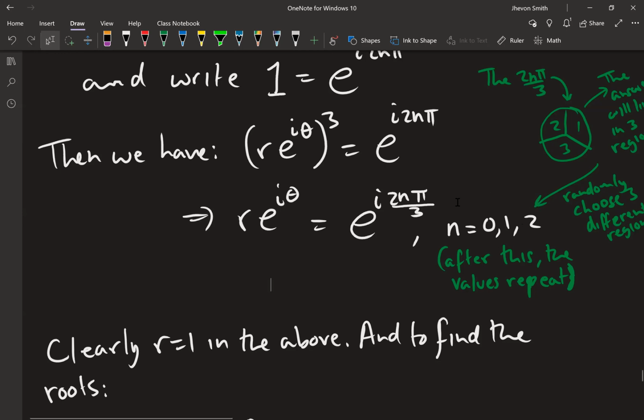And so I just pick 3 consecutive integers to cycle through the 3 answers. And these integers are represented by 0, 1, and 2, but it doesn't necessarily have to be 0, 1, and 2. I could have chosen any 3 consecutive integers. And technically I could have chosen non-consecutive integers too, but I had to make sure that they actually line up so that I'm in the right region. So 0 would be equivalent to choosing 3. 1 would be equivalent to choosing 4.